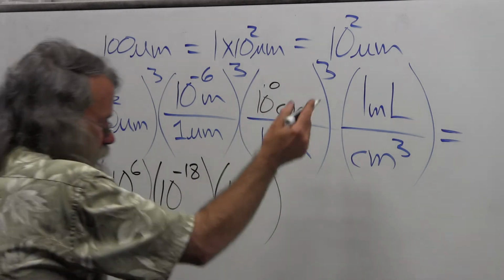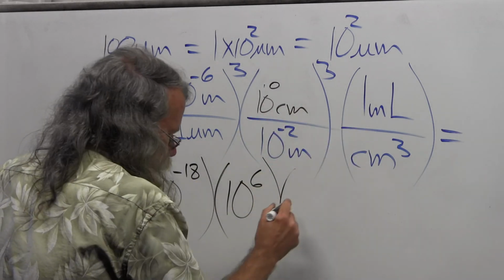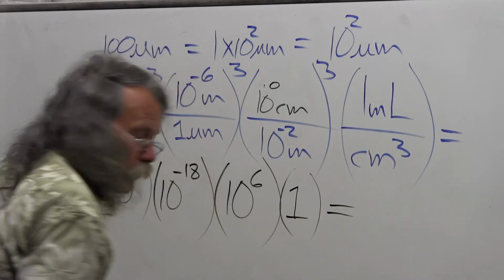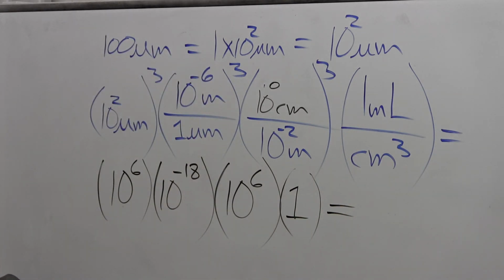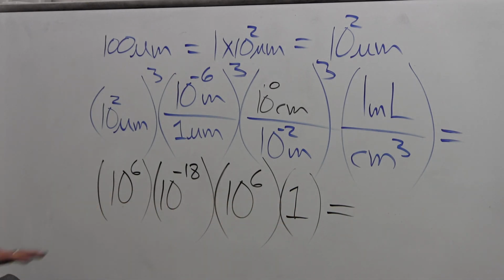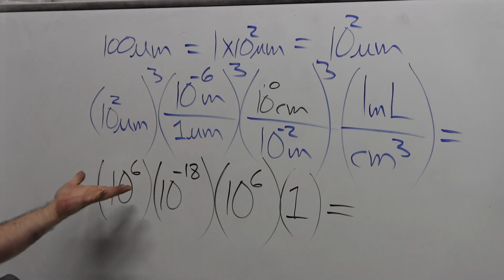And this is multiplied times 1. So the order of magnitude of this, now I have to use the rules of the exponents again. When I multiply two exponential numbers with a common base, all I do is I add.